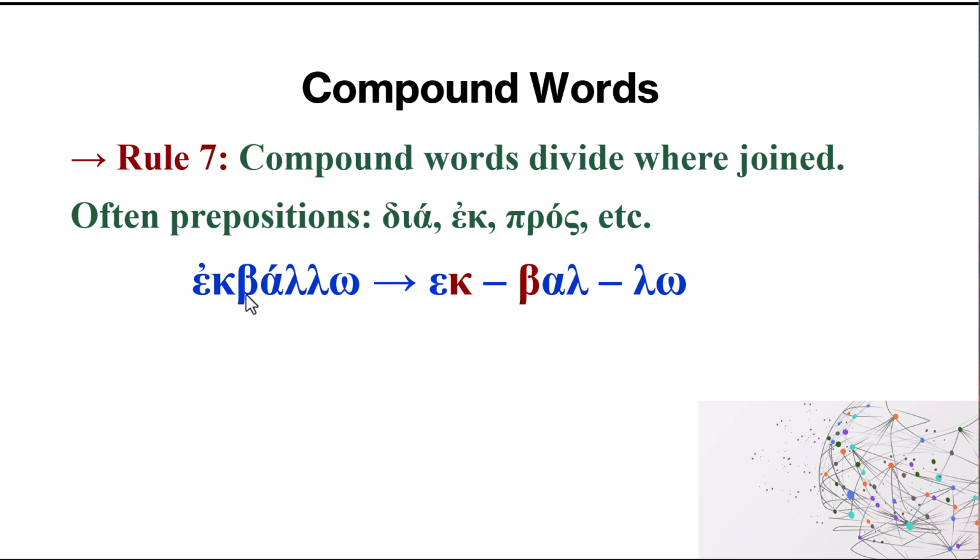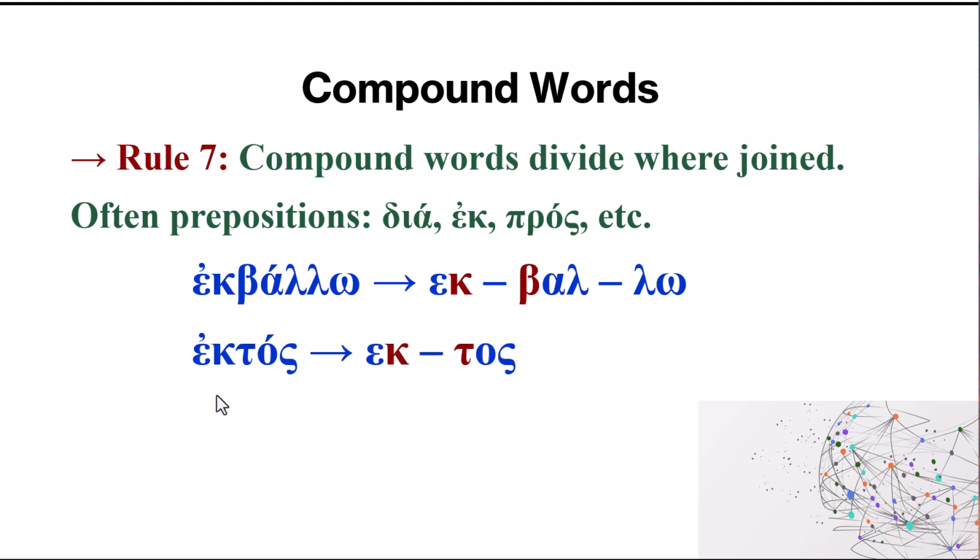Here we have the kappa and the beta together, and the kappa goes back with the ek, which is the preposition that is part of the compound word, and then balo is the rest of the word. Here we have a double lambda, so we're going back to our previous rule about doubled consonants. And so the first lambda is the end of the previous syllable. The second lambda is the beginning of the next syllable, ek, bal, lo.